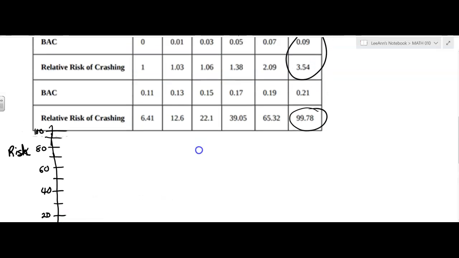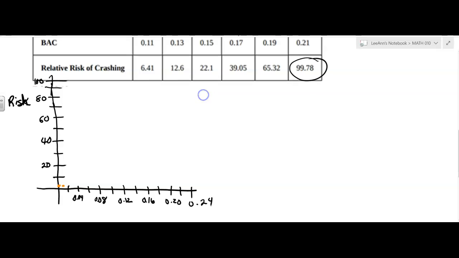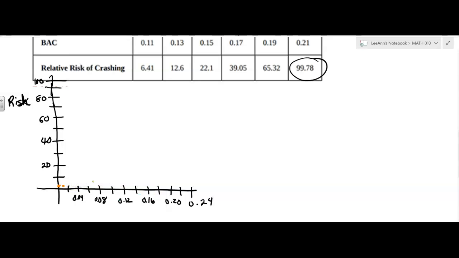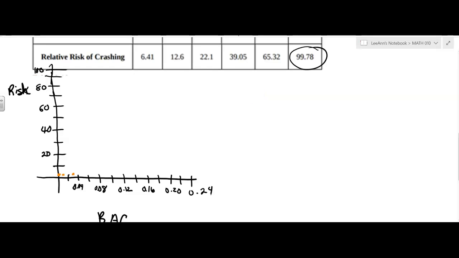And then the next one was 0.03, 1.06, so not very much bigger. 0.03 is still really not growing much. So 0.05, it's not even to 2 yet. So 0.05 would be right in there. We're almost done with that first line.